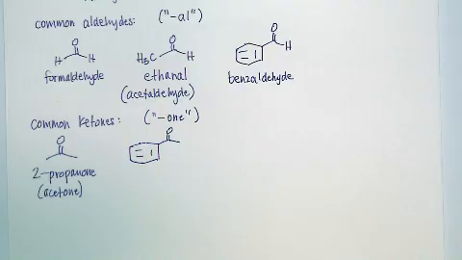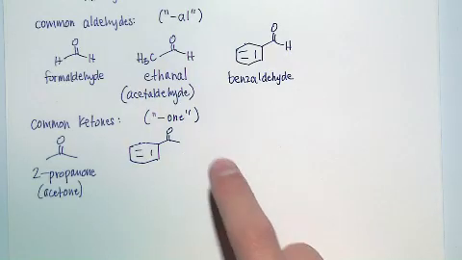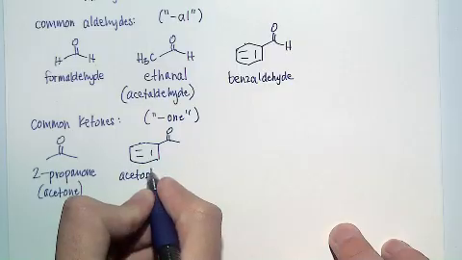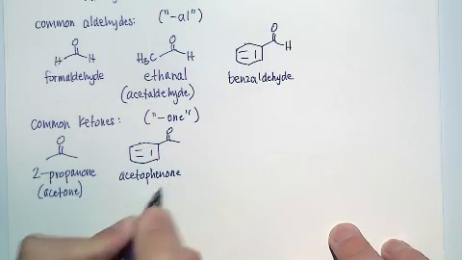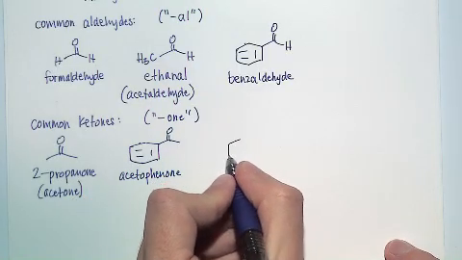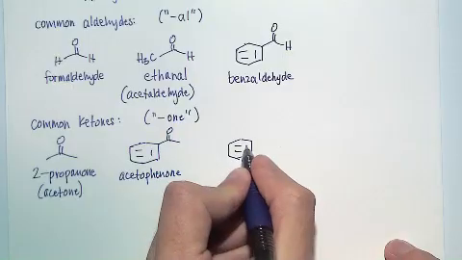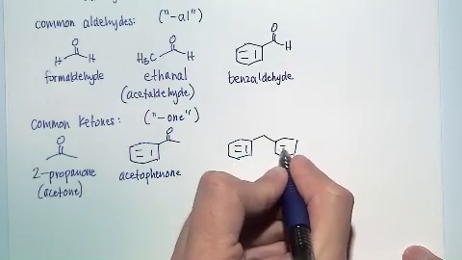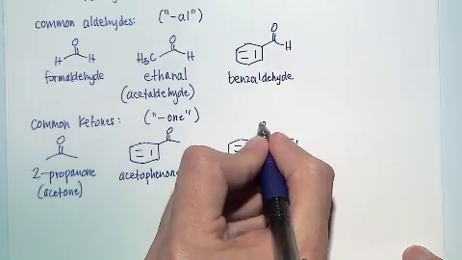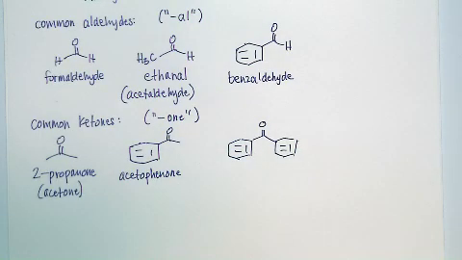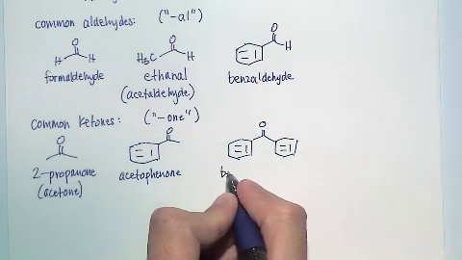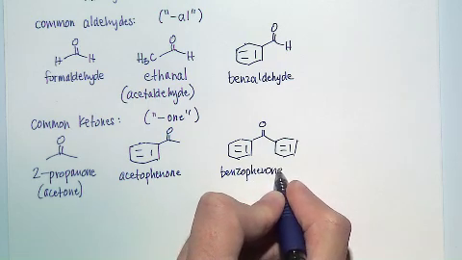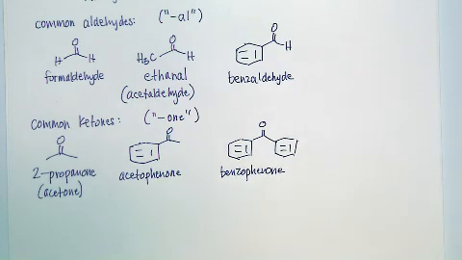This one, which looks like benzaldehyde, except we've got a methyl group here, is acetophenone. If you've got two benzene rings on the ketone, that's benzophenone.